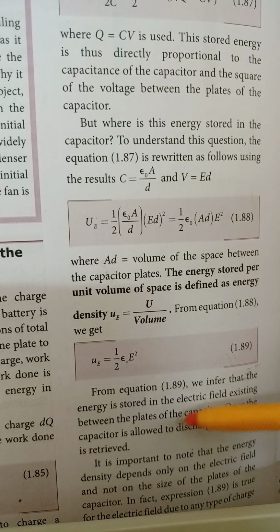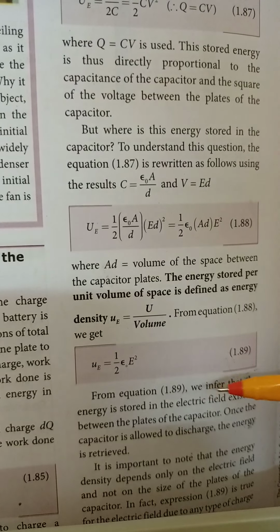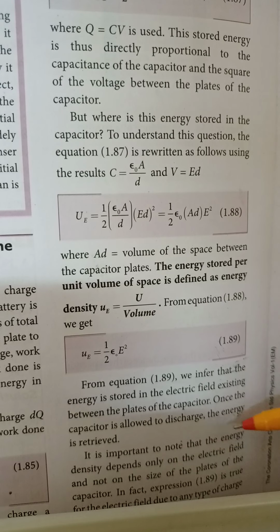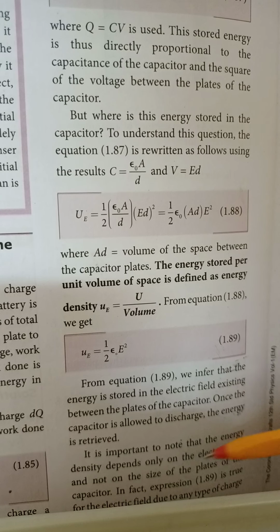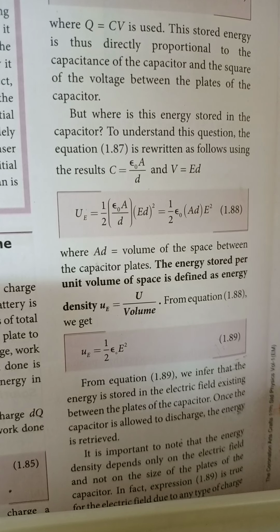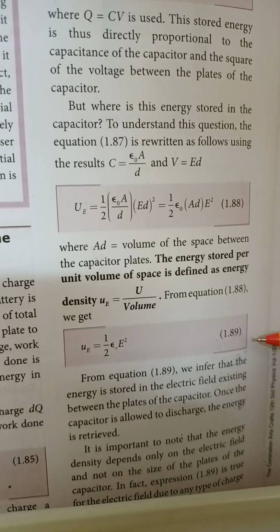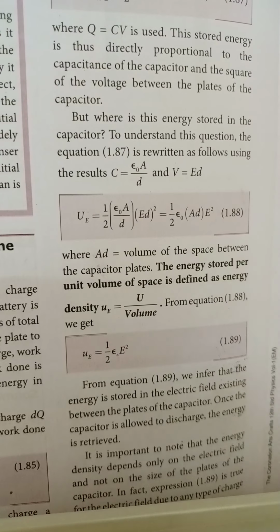Once the capacitor is allowed to discharge, the energy is retrieved. It is important to note that the energy density depends only on the electric field and not on the size of the plates of the capacitor. This equation 1.89 is valid for the electric field due to any type of charge configuration.